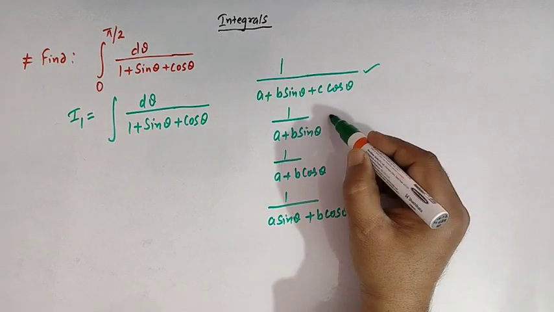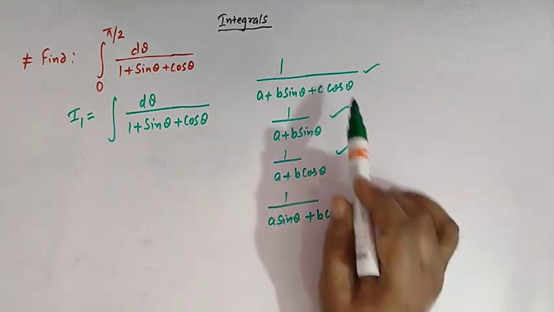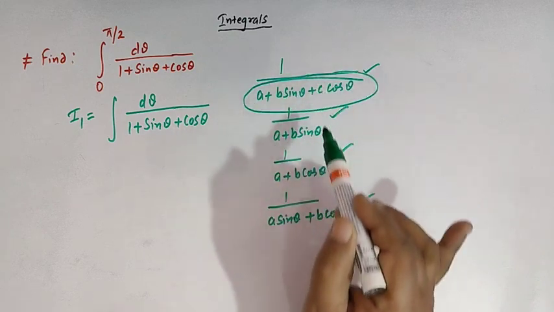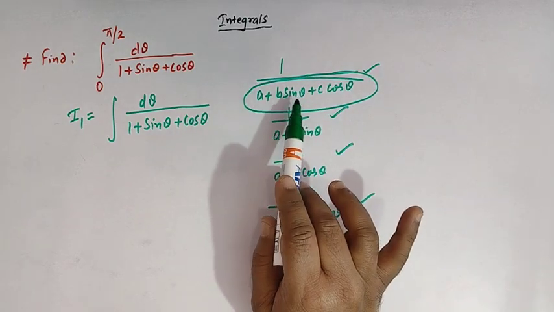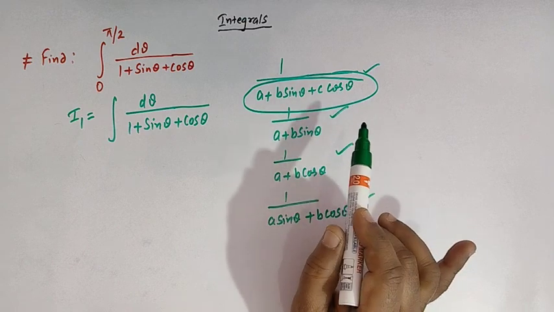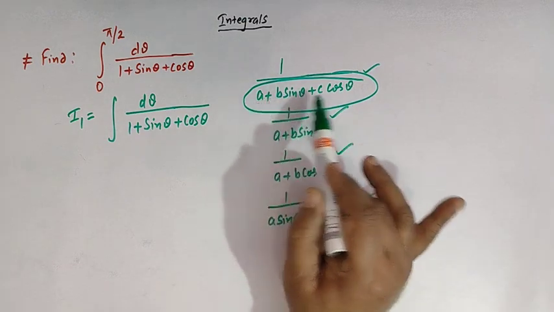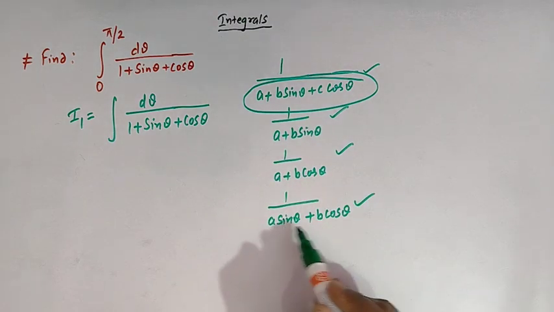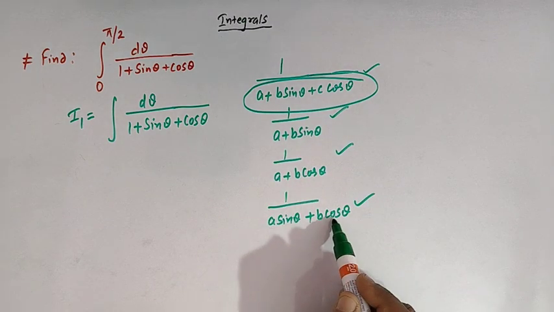So here we have four forms, right? And in all of these four forms, in the denominator, we have the combination of sine theta and cosine theta.